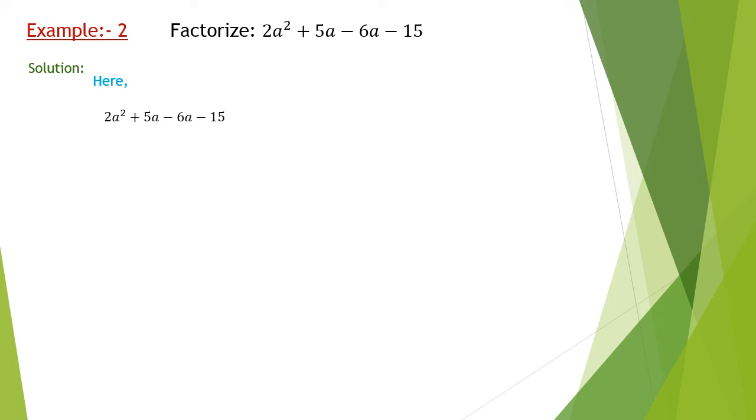Now here we are going to arrange the terms. 6 and 5 here, they interchange their position, and while they interchange their position, they carry their sign with them. And why did we do this? Because 2 goes with 6, isn't it? 2 times 3 is 6, and 5 goes with 15.